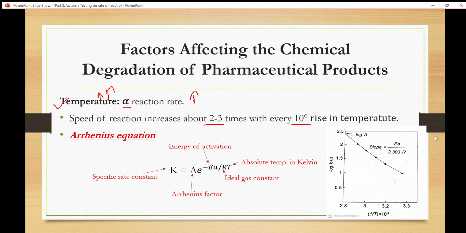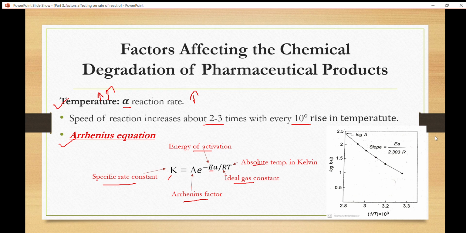This is well explained by the Arrhenius equation: K = A e^(-Ea/RT). K is the specific rate constant, A is the Arrhenius factor, Ea is the activation energy, R is the ideal gas constant, and T is the absolute temperature in Kelvin.